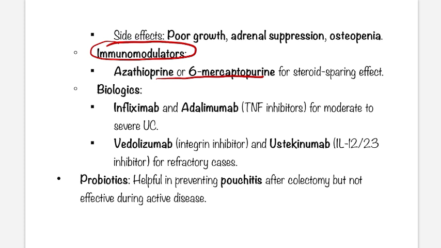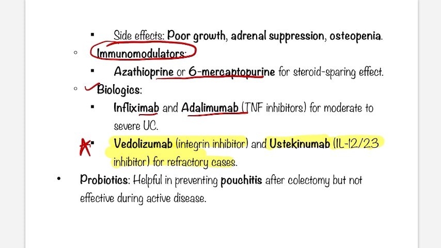Are there any biologicals? Yes, infliximab and adalimumab are used. Okay, important thing: the new drugs in this list like vedolizumab, an integrin inhibitor, and ustekinumab, an interleukin 12 or 23 inhibitor, are for refractory cases.